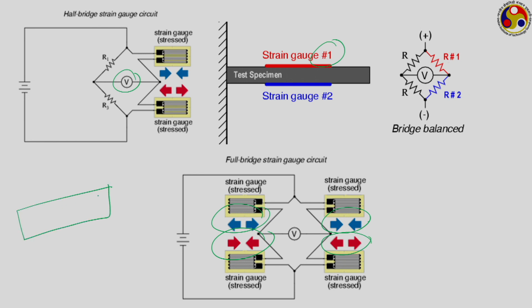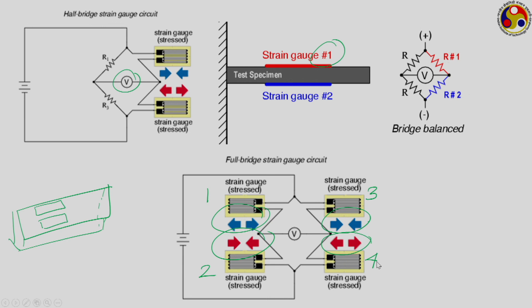You have this specimen, this is a 3-dimensional the way I am trying to draw it. Now, two of the gauges are loaded here. Let us give some name to this, say 1, 2, 3 and 4.